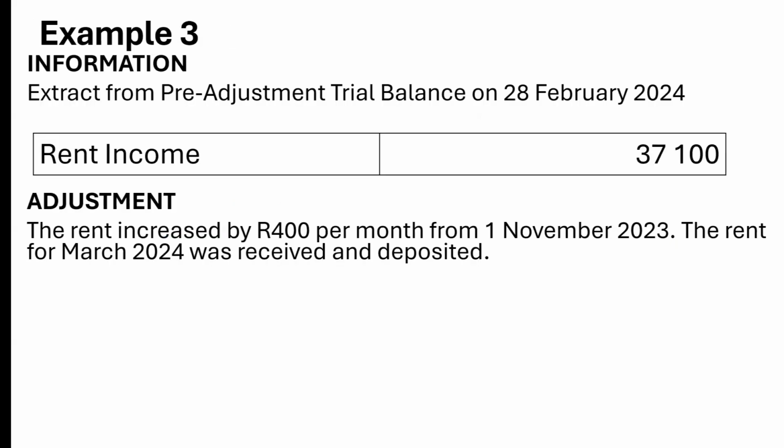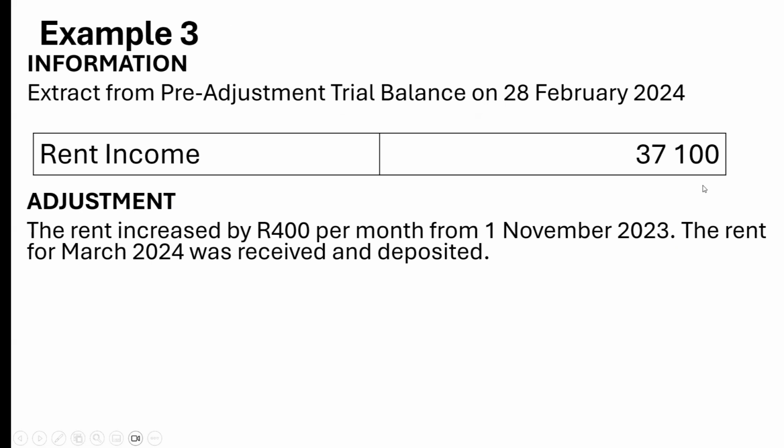All right, example number 3 gets more difficult, but luckily you will be able to do it. It's very easy if you follow your rules, you follow your timeline. So the extract from the pre-adjustment trial balance on 28 February 2024 states that we have a balance of 37,100.